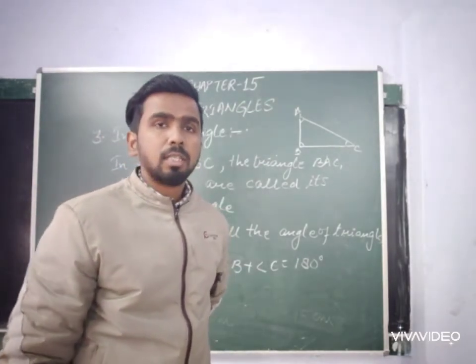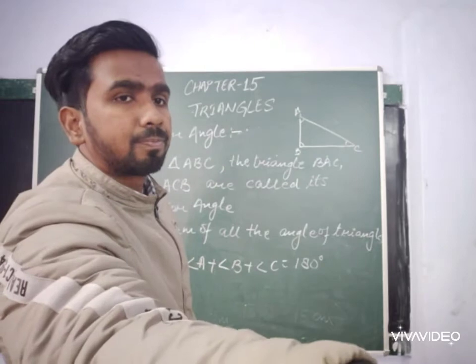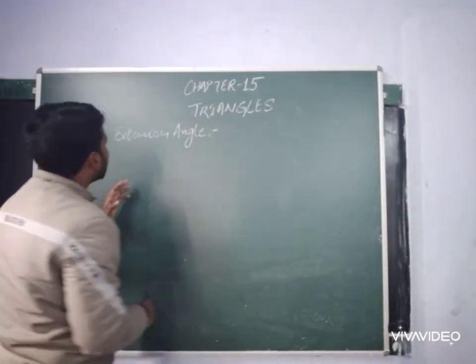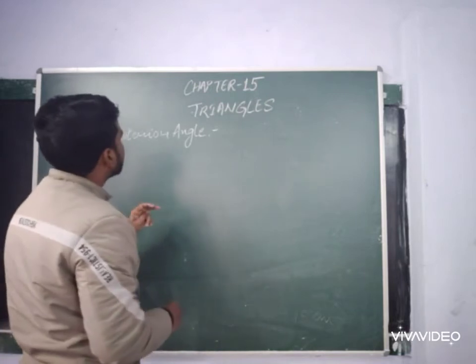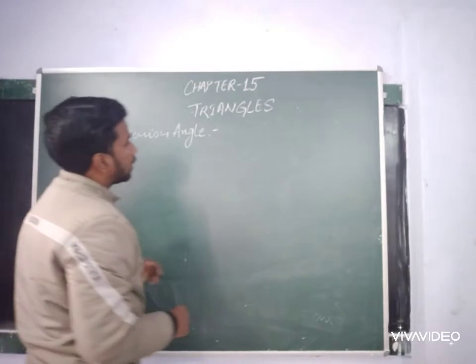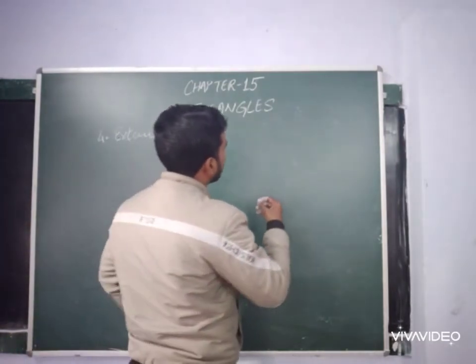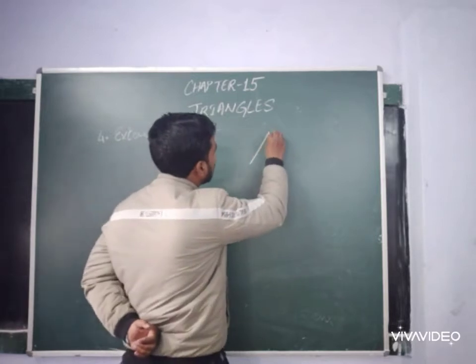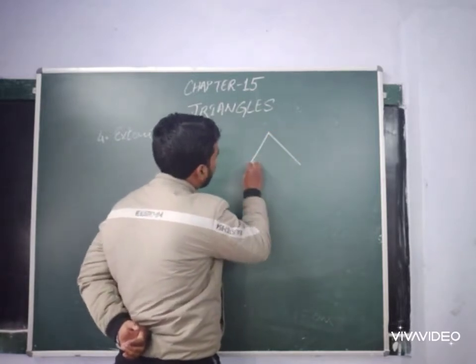Now let us see the next point. Our fourth topic in this chapter is the exterior angle. Let us understand the exterior angle by the figure, and then I will write the definition. Suppose this is the triangle.